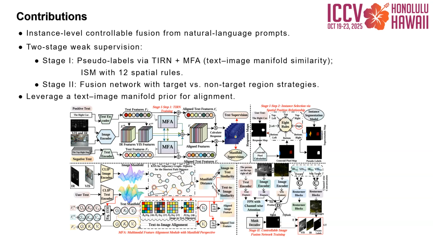A text-to-image response network, TIRN, a multimodal feature alignment, MFA, module guided by manifold similarity between text tokens and image patches, and an instance selection module, ISM, with 12 relative spatial rules, left, top, right, Nth from left, etc., to pick the exact instance without extra annotations.